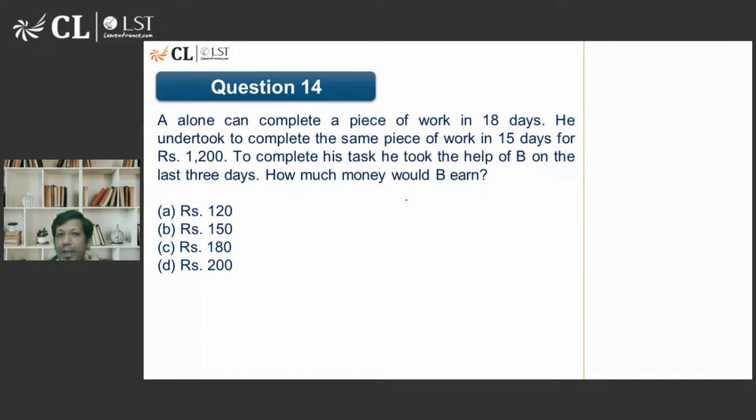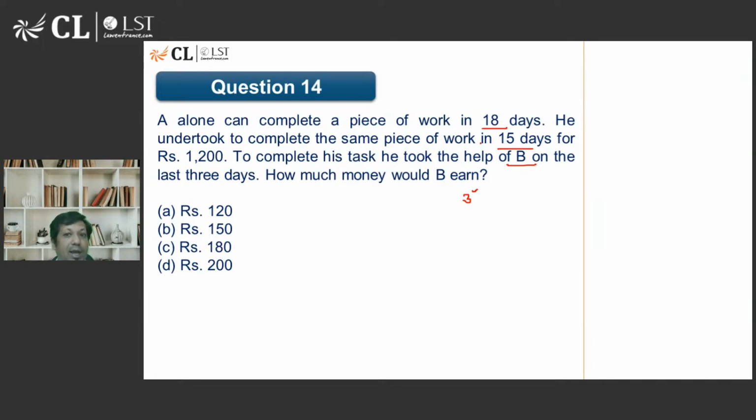Now A alone can finish a job in 18 days, and A is working for 15 days. So how many days of work is A not doing? That is 3 days of work. And 3 days of work is being done by whom? That is being done by B. It means B is going to get the pay worth 3 days.